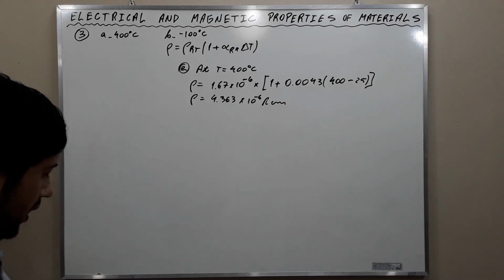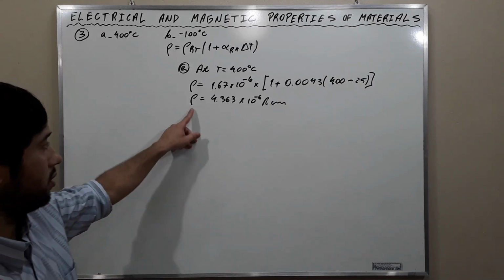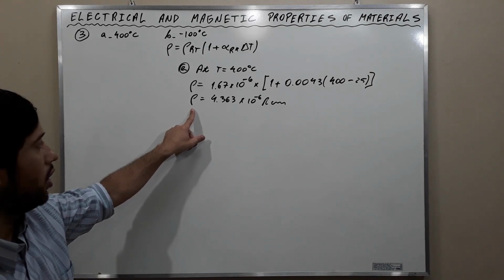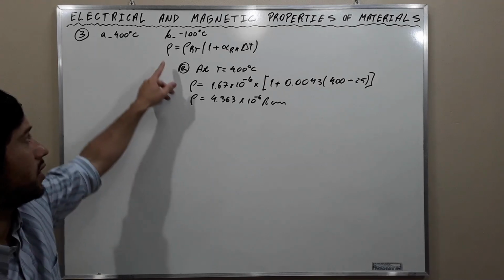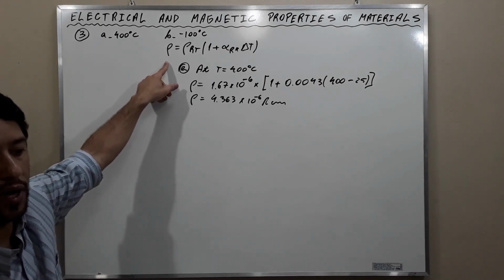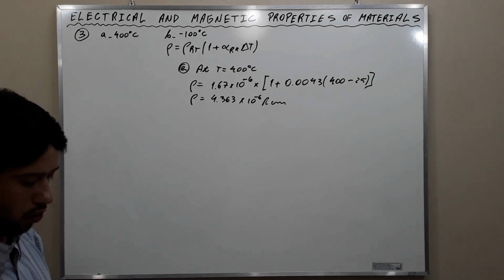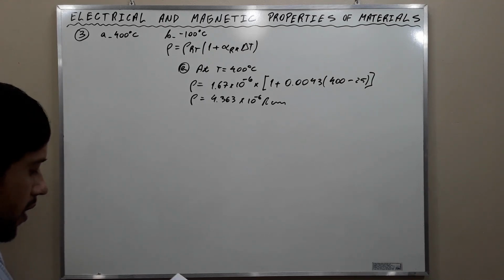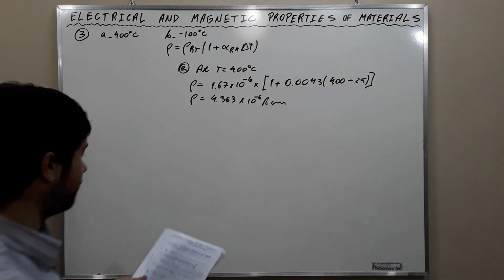Okay, and this is not the final result yet. We do not want the resistivity. We are using the expression of resistivity, but in reality the exercise wanted us to calculate the conductivity, and the conductivity is the inverse of the resistivity.